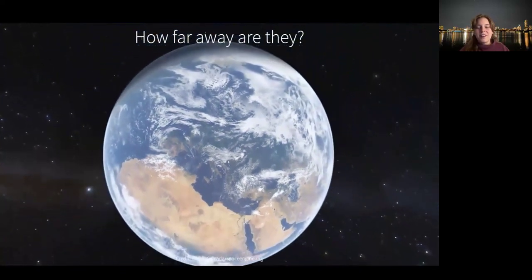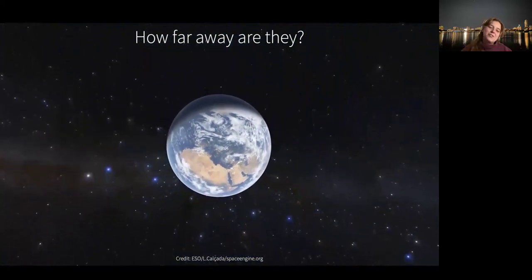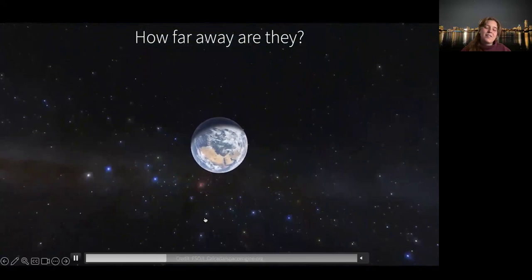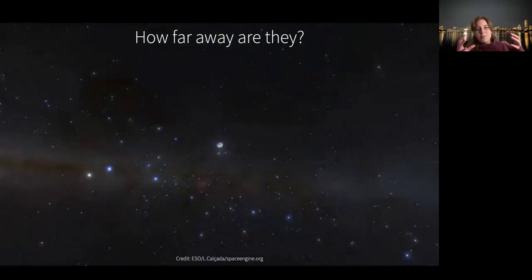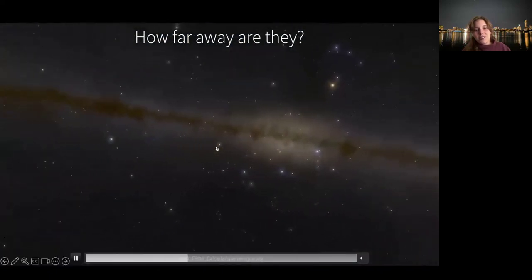For a few people who have been fortunate enough to go to space, this is what you would see, but then the punchline here is you really have to zoom out by a great amount to even see the moon, which is what you just saw over there.